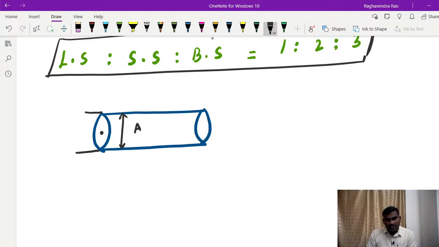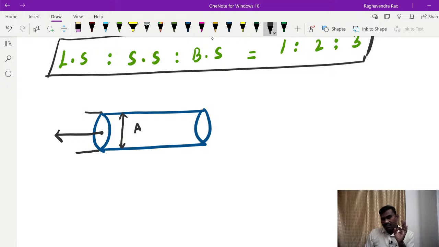Now normal stress is acting like this. Because of this normal stress, if the length of a body changes, we call that longitudinal stress. If normal stress is acting in all directions, then the volume of the body will change. Then that is called volume stress.